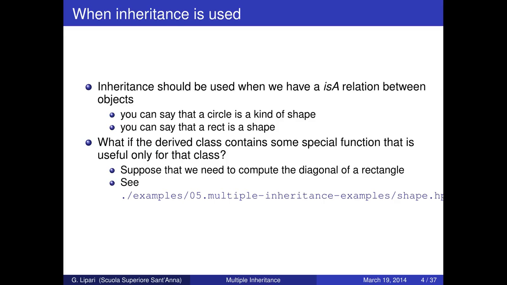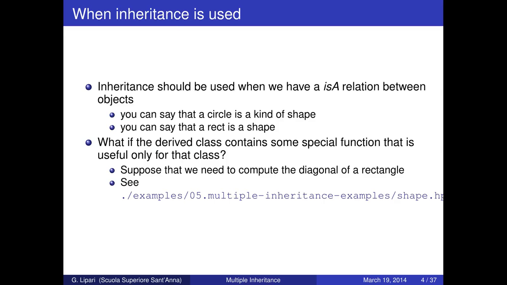So inheritance in general should be used when we have an is-a relation between objects. For example, a circle is a kind of shape. So this is called an is-a relationship. Or you can say that a rectangle is a shape. Okay?